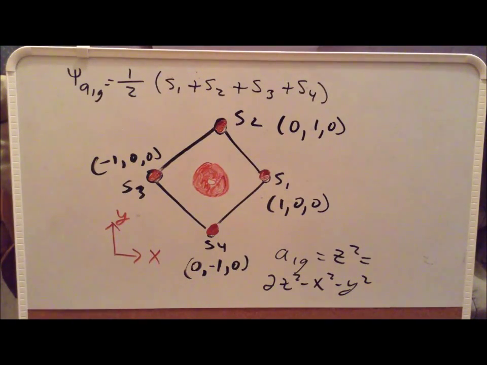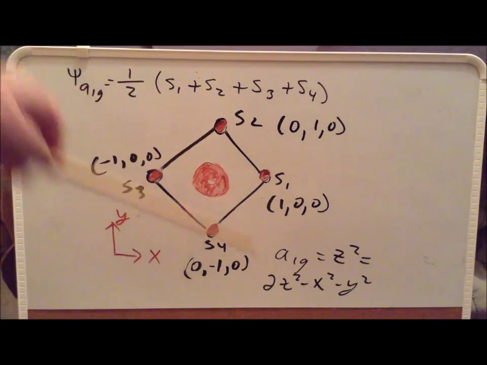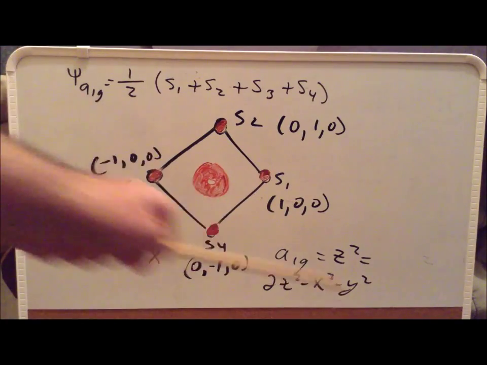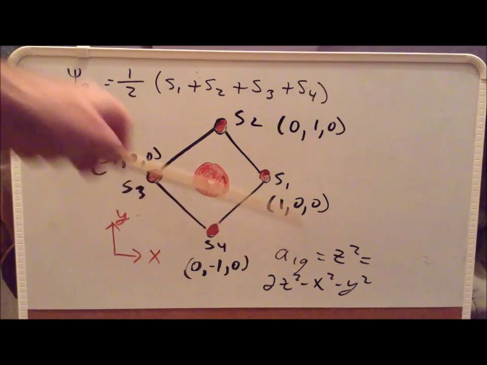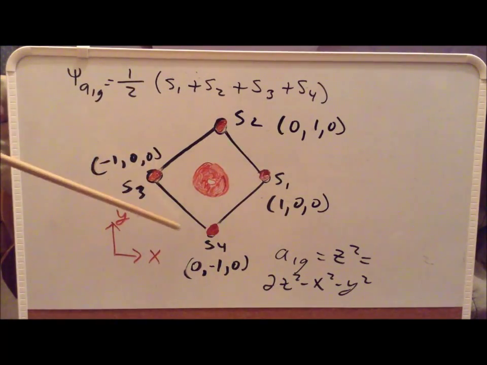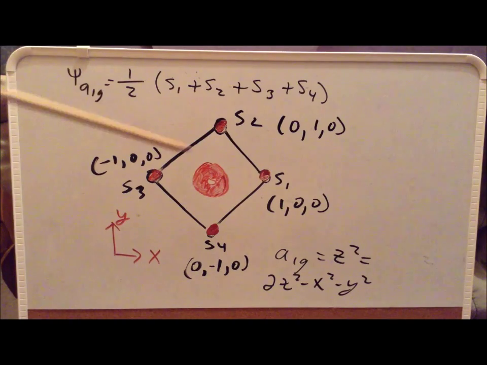It has the two dumbbell lobes, but it also has the torus, kind of a donut, around the center. So what I've drawn here is actually the torus part, the donut, the minus x squared minus y squared part. So we notice that's going to have the same phase as the symmetry adapted linear combination. So that orbital will also overlap and be symmetry allowed to combine with these particular group orbitals.